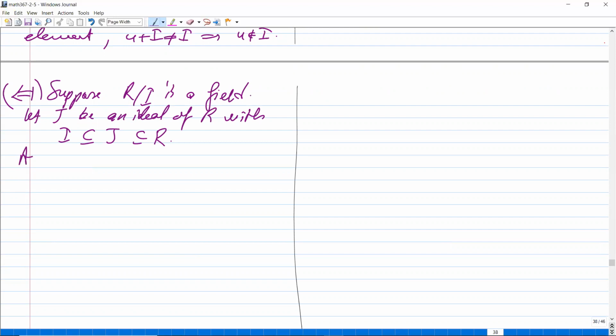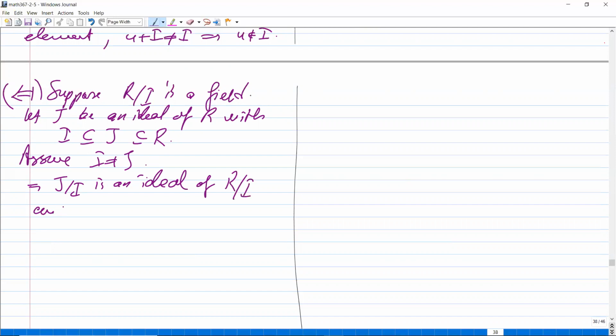Assume that I is not equal to J. Then J over I is an ideal of R over I. You may check this.